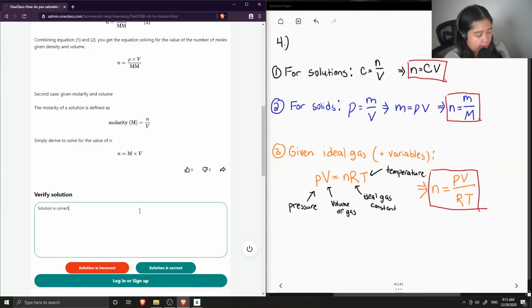I'll also add if we had an ideal gas, or a gas behaving ideally, if pressure and temperature are also given.